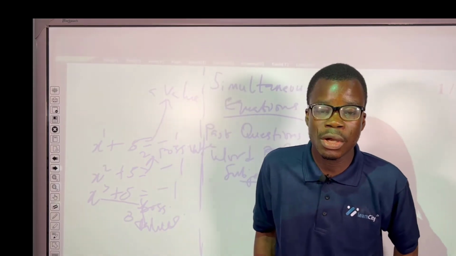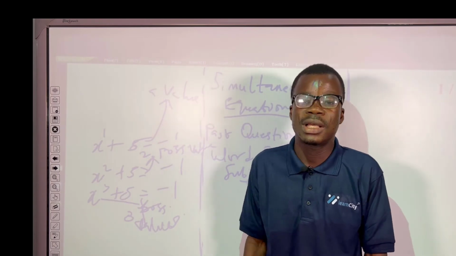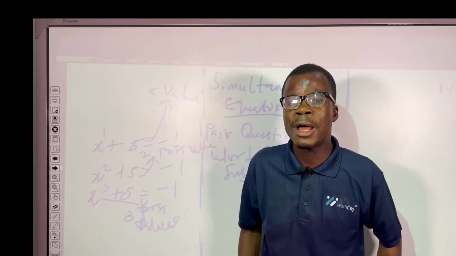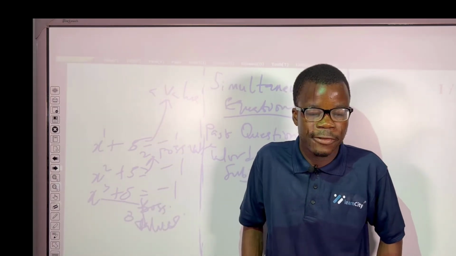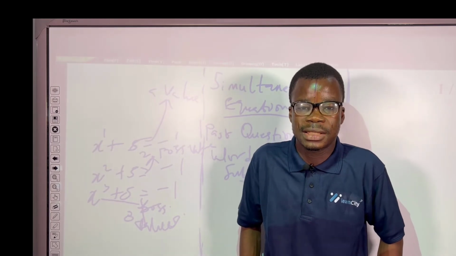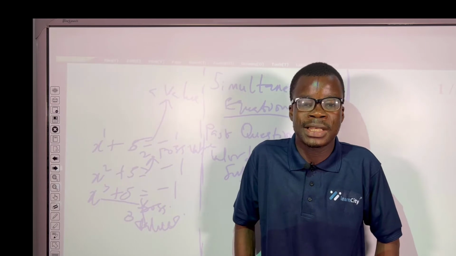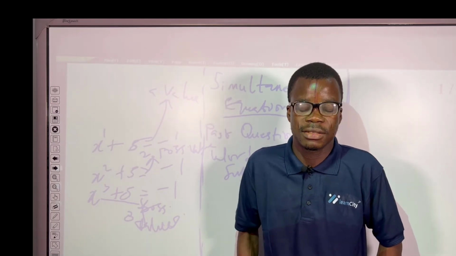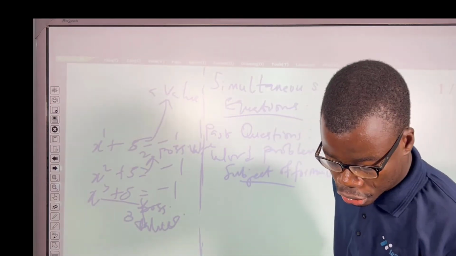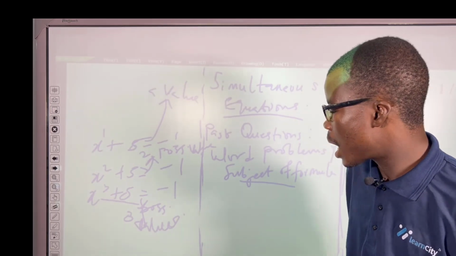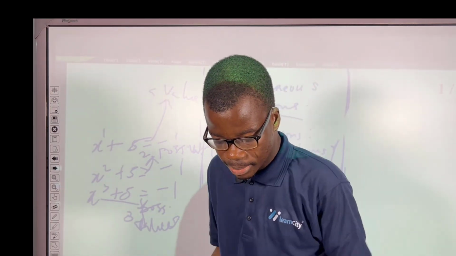So we will be using all these methods in this tutorial, and then we'll be looking at different tests of such methods by examiners in recent years. So I want you to join me in this study as we move forward.